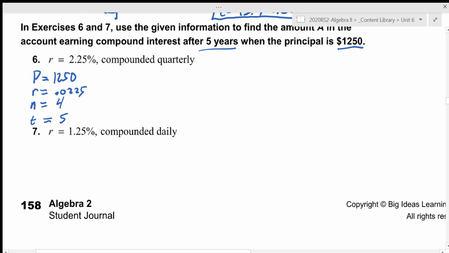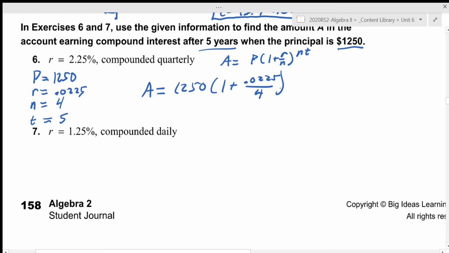And then we're just plugging into the compound interest equation, which was given in the last video, but here it is just in case you've forgotten. And we're plugging all those values in. So A equals 1250 times (1 plus 0.0225 divided by 4) to the power of 4 times 5.